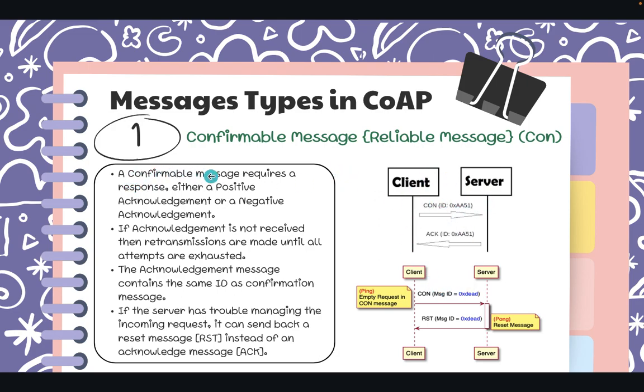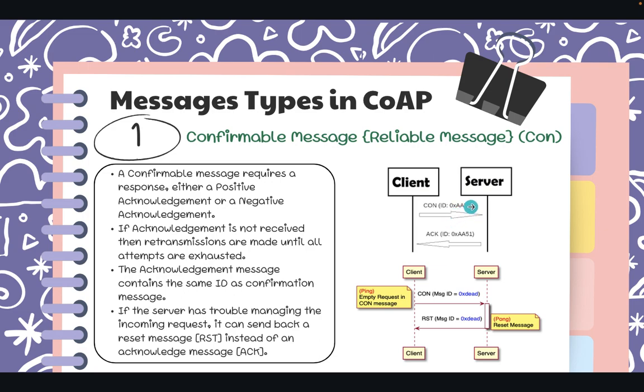A confirmable message requires a response, either a positive acknowledgement or a negative acknowledgement. In order to communicate between the client and server, the client will send a signal called CON, a confirmable message, to the server. Every message in CoAP has an ID, for example 0xAA51.